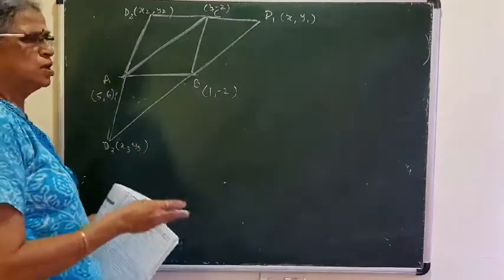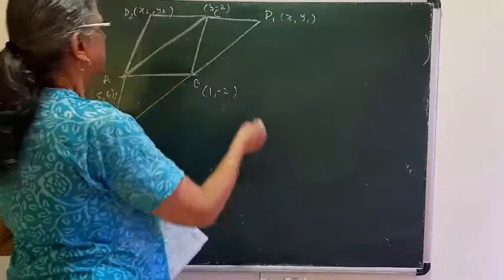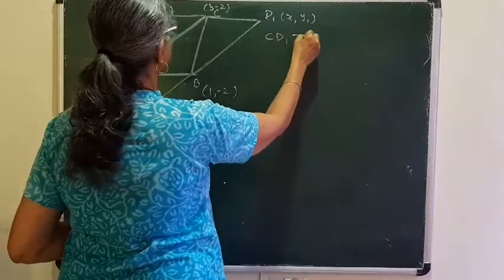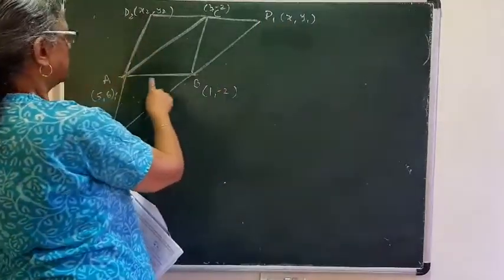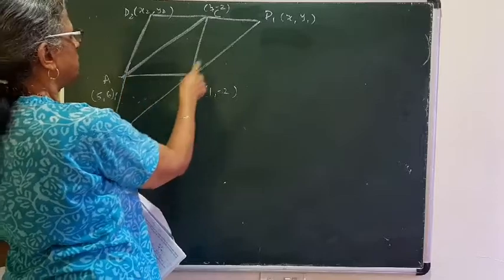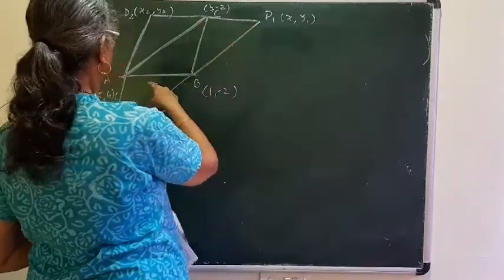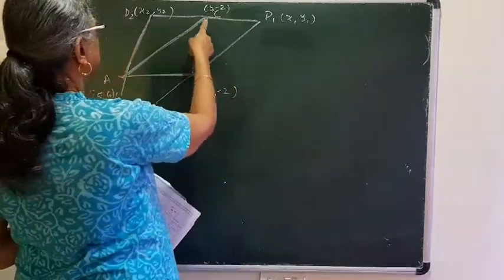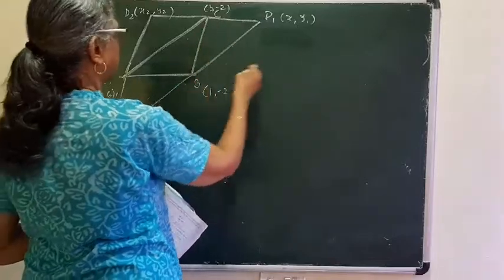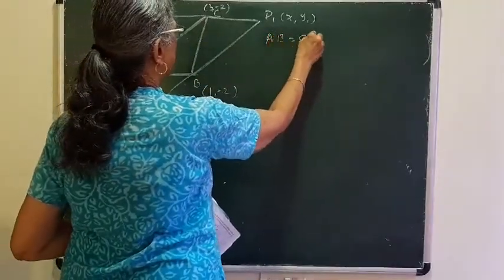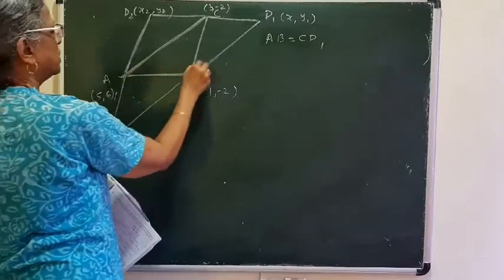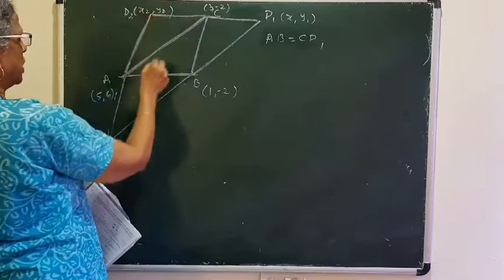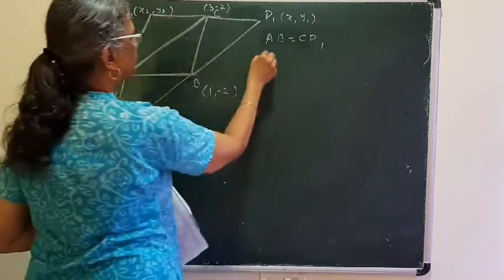Followed? So here also we are going to use the midpoint formula, because if we see in the figure, we have CD1 is equal to CD2. I will not write directly. First, if we consider this parallelogram ABCD1, in this, what will happen? In this ABCD1 parallelogram, the opposite sides of parallelogram are AB equal to CD1. In this parallelogram AB equal to CD1 and in parallelogram ABCD2, again we are having AB equal to CD2.